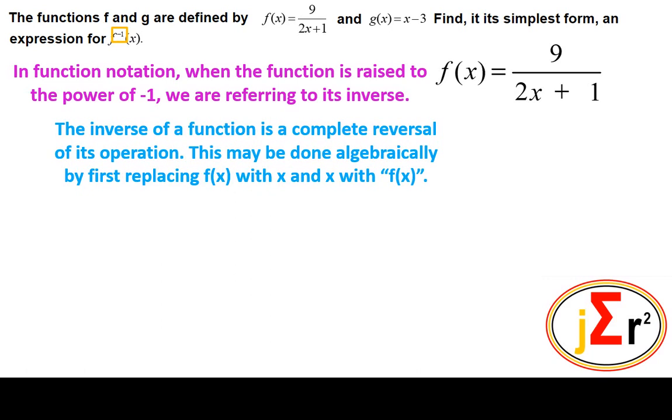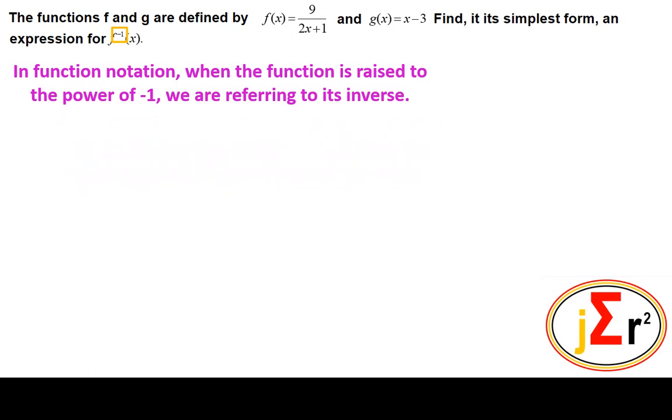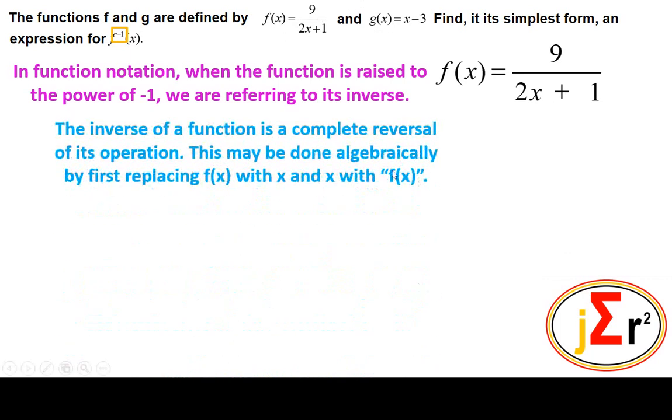This may be done algebraically by first replacing f of x with x and x with f of x. And here we have f of x in inverted commas, which means that it's not actually, but we will see why in a short while.